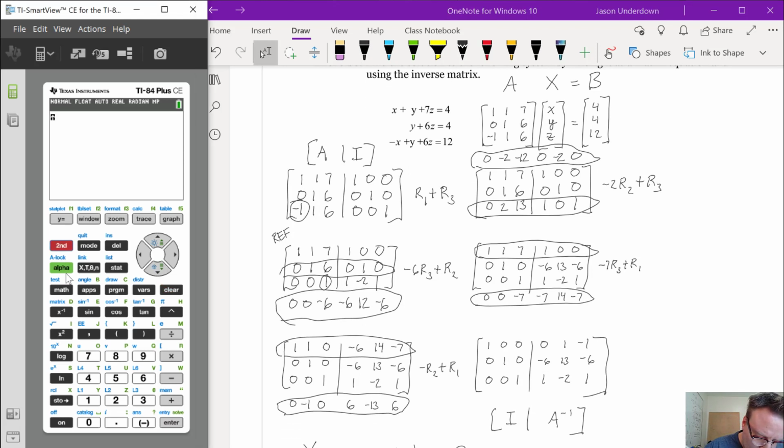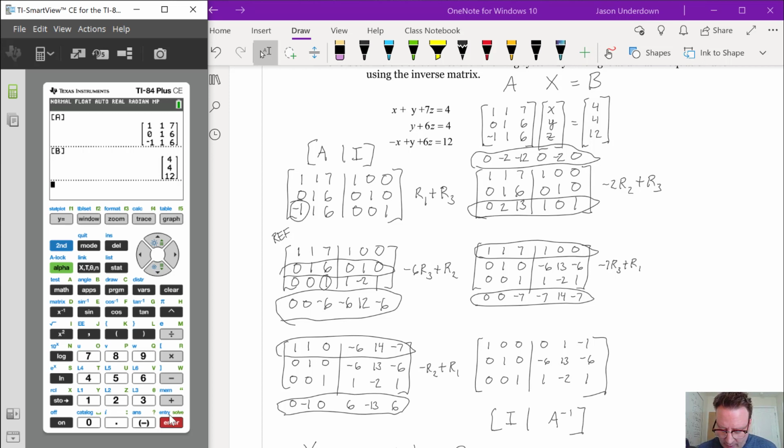I'll show you. Here's A. Yeah, that matches the coefficient matrix. Yep. And then I've put our constant vector into matrix B. Yep, that has 4, 4, and 12 in it.